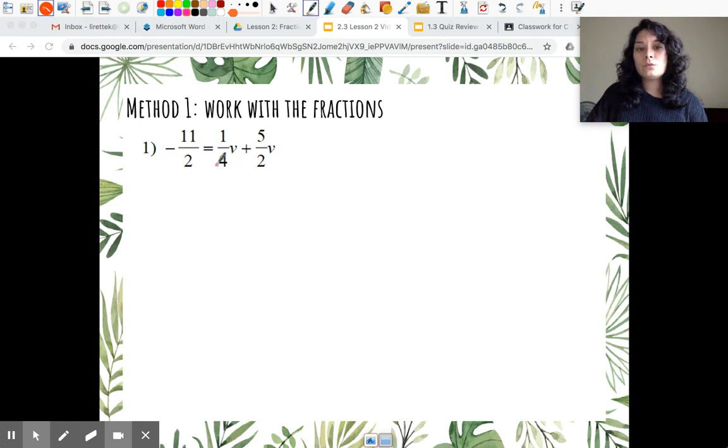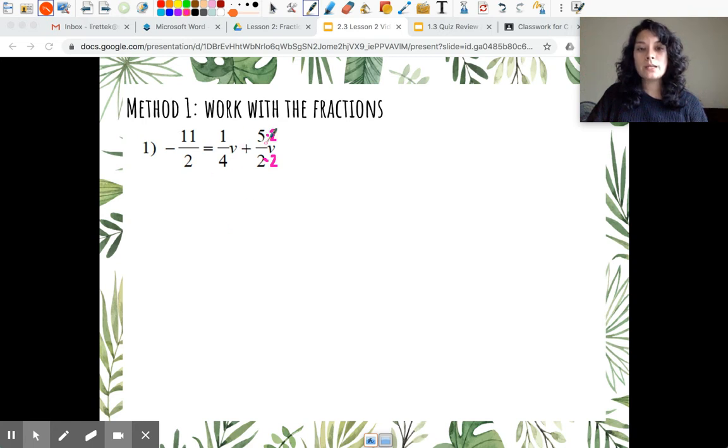So hopefully you can do 2 and 4 quite easily. The smallest thing that they can both create through multiplication is 4. This fraction already has a 4, which means I want to make the second fraction have a denominator of 4 by multiplying by 2. And if I do that to the bottom, I got to do that to the top.